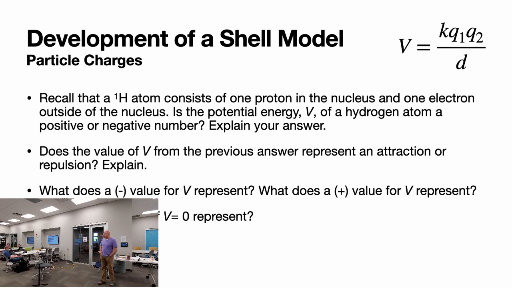Protons and neutrons. So if it's hydrogen 1, there's only one thing in the nucleus, and that is the proton. Is the potential energy, V, of a hydrogen atom positive or negative?